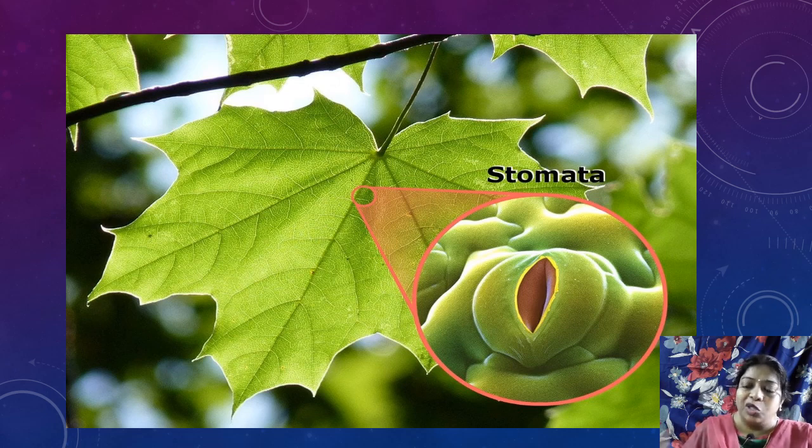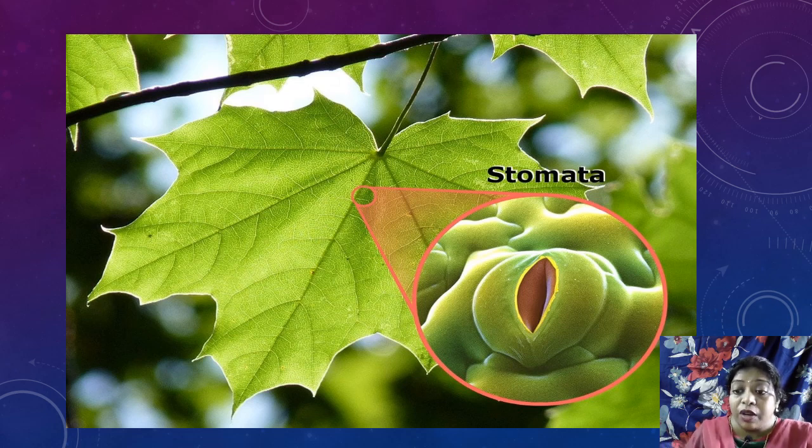Now what is the stomata? The stomata is nothing but a cell structure which is present on the epidermis of a leaf. And what does it do? It is involved in the exchange of CO2 and water between the plants and the atmosphere. I repeat again, what is the stomata? It is nothing but the cell structure present on the epidermis of a leaf.